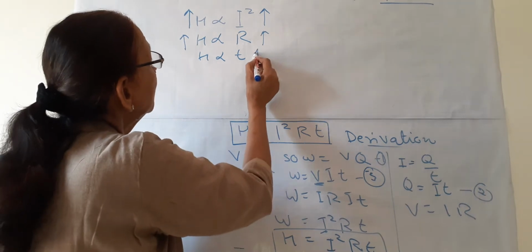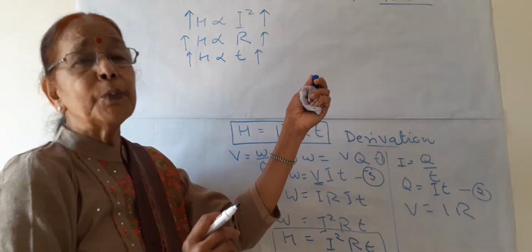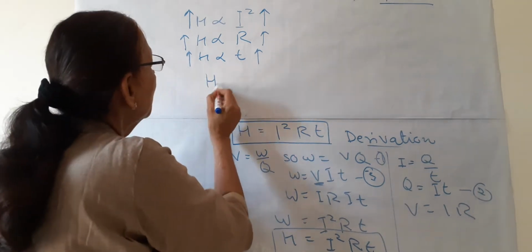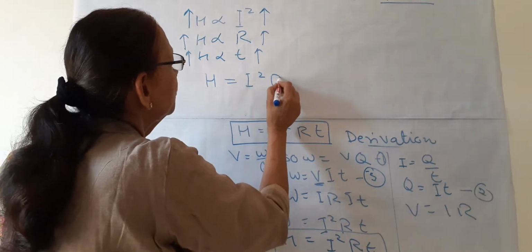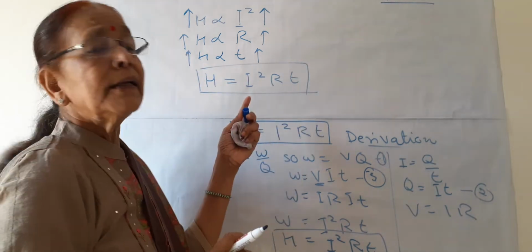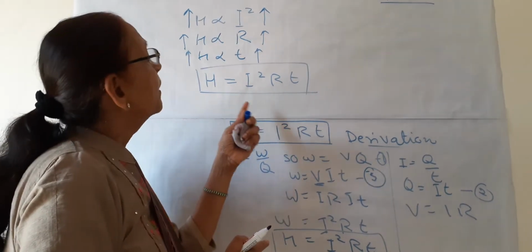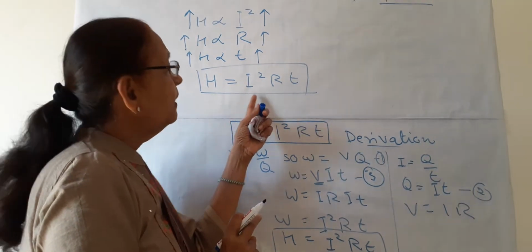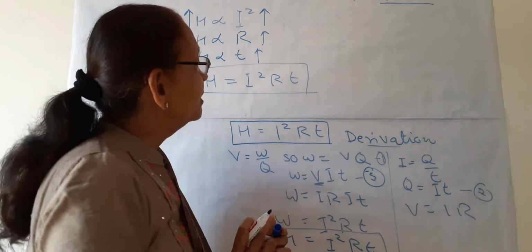If time is more, then also heat given is more, because all are directly proportional to I, R and T. So if we join all these parameters, then H will be equal to I square RT, a very important equation, and it tells us we can calculate heat energy released or dissipated or consumed by an electric circuit with current I, resistor R and time T. So this is about Joule's law.